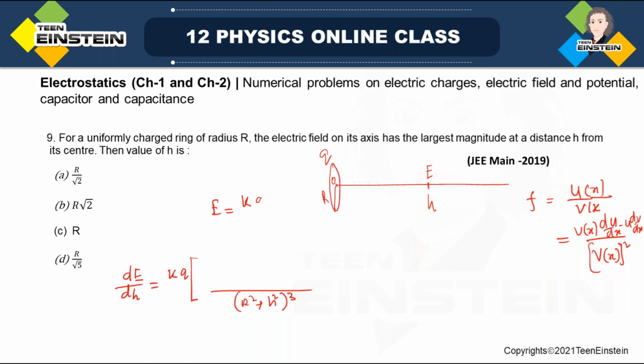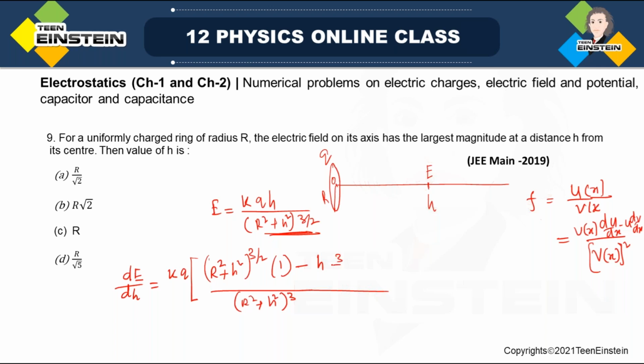E is equal to k q h by (r square plus h square) whole to the power 3 by 2. So I'm just doing the derivative of this quantity. This is the square of the denominator, square of v. Then you keep the v here and take the derivative of the u. So u will give you just 1, because dh by dh gives 1, minus, you keep this h here and do the derivative of this particular term.